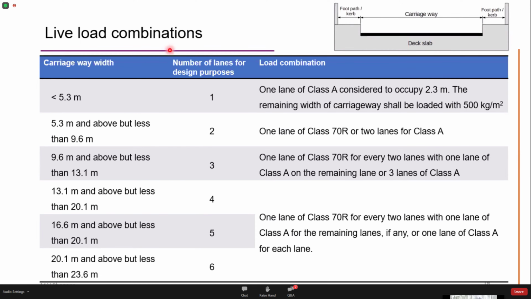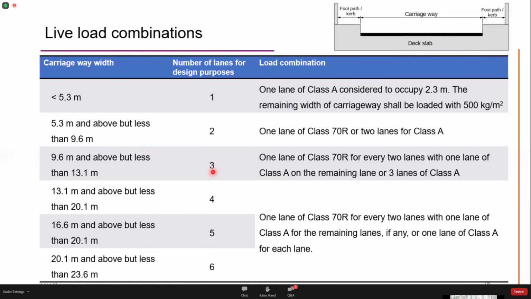When your carriageway width is less than 5.3 meters, it is designed as a single lane bridge, so class A load can be considered for the analysis. When the carriageway width is between 5.3 to 9.6 meters, it becomes a 2-lane bridge. Then the deck slab can be analyzed for 1 lane of 70R or 2 lanes of class A loading.